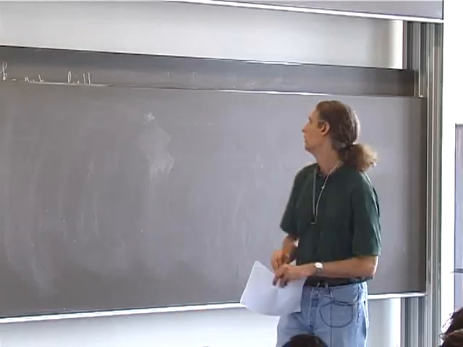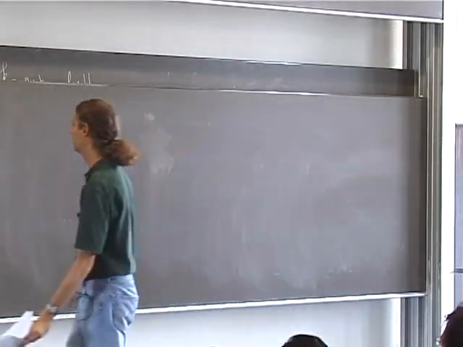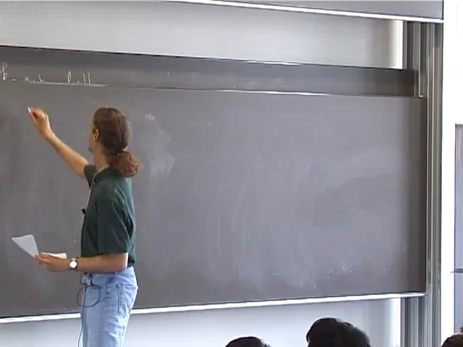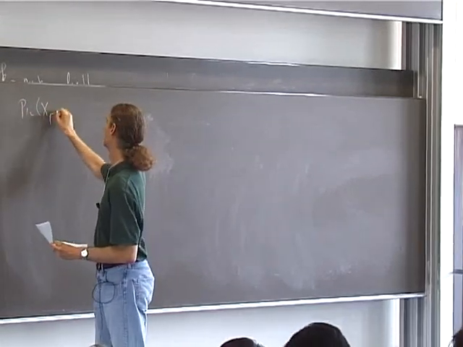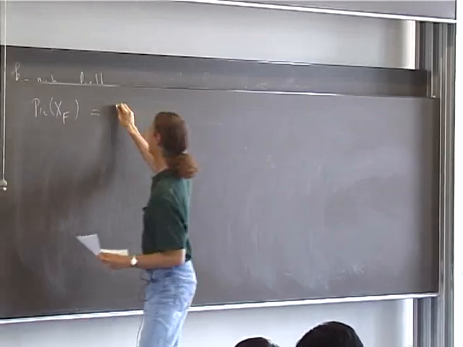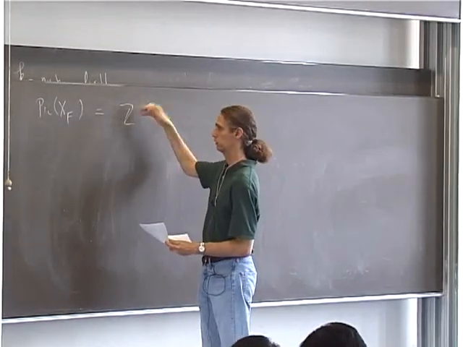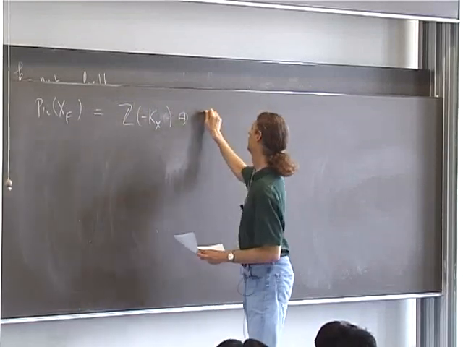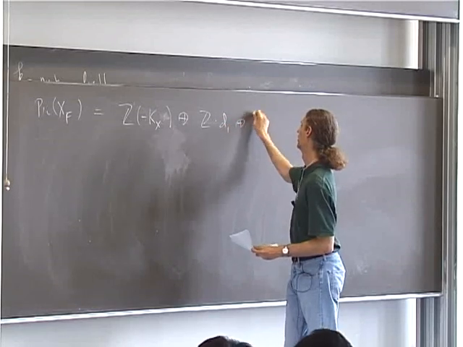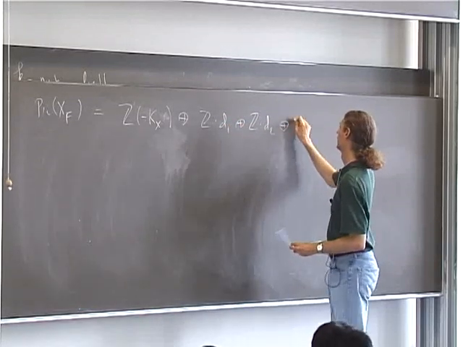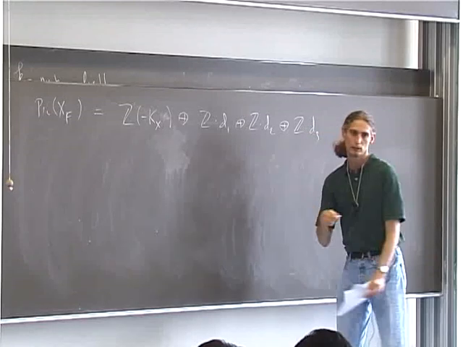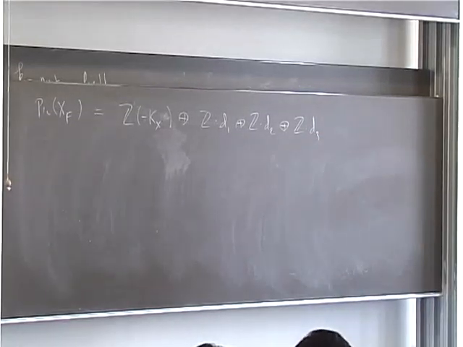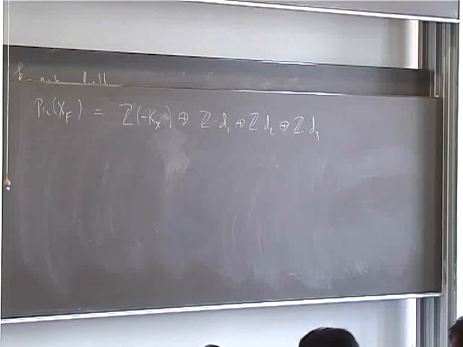So just to tell you, I said this was 3 copies of Z mod 2. So this module here, the Picard group, in this case, we have minus canonical class, so it's rank 4 in this case.